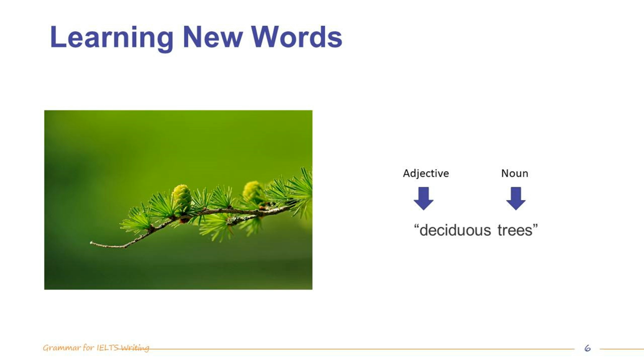We can then start to work out that deciduous must be a kind of tree and look for clues in the text as to what exactly a deciduous tree is. When we produce English for the speaking and writing exams, we can take the model language and build it up similarly so that the production of language feels natural. For example, adjectives usually appear before the nouns they describe.